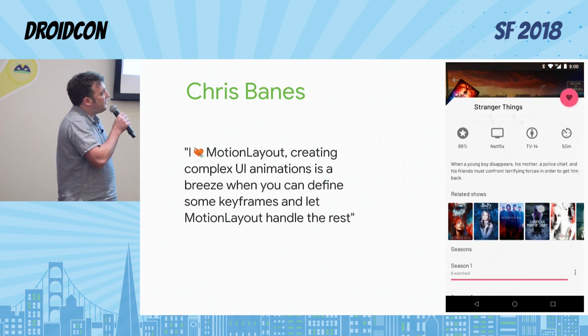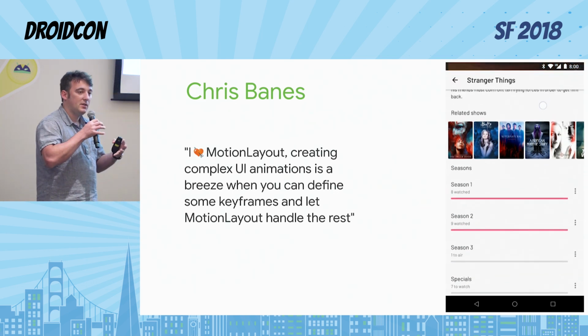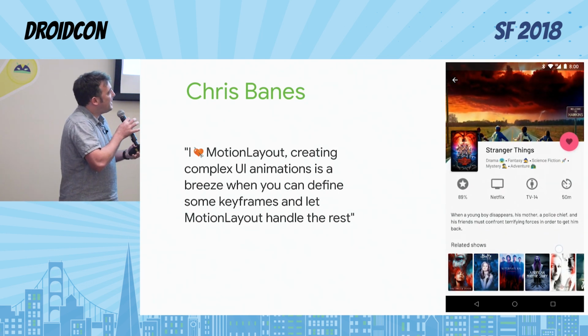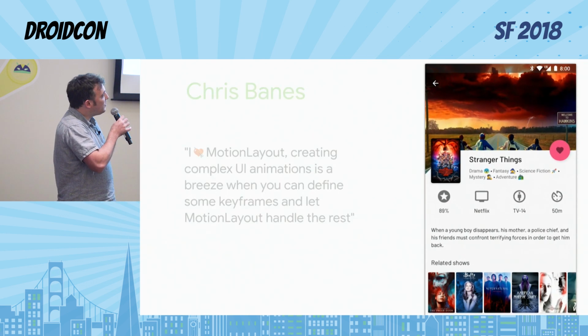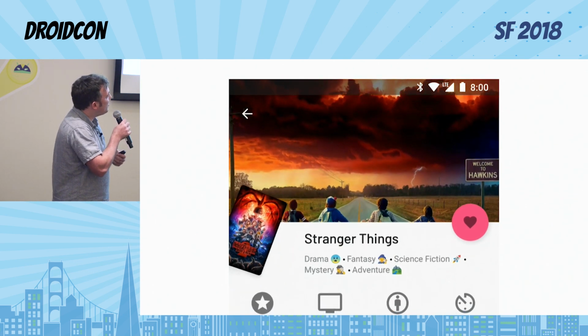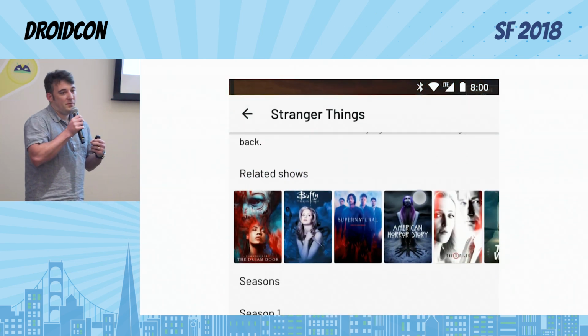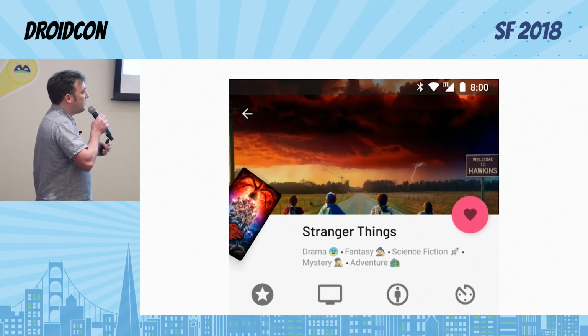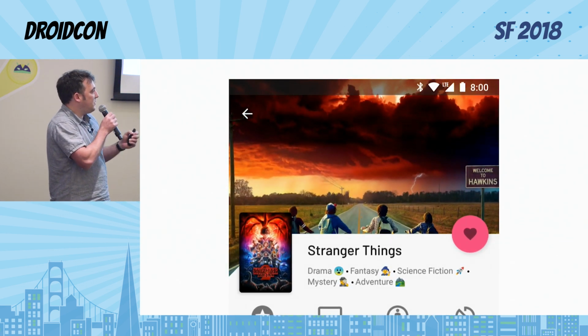Another good example of coordinated layout is this one from our own Chris Banes. And I really like this one because if we look a little more into it, you'll see that there are a lot of things happening that need to be coordinated, right? The text is going to fade out.